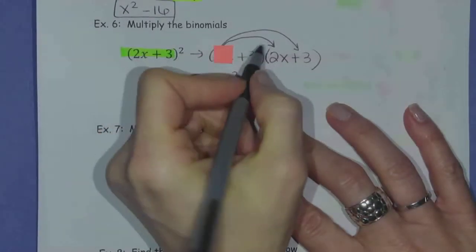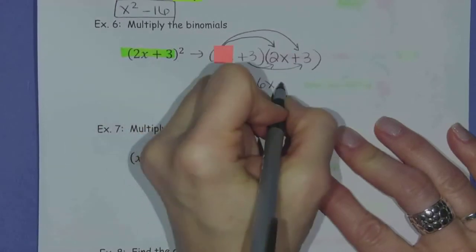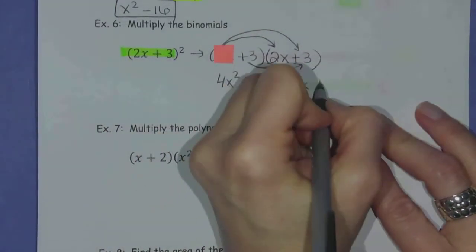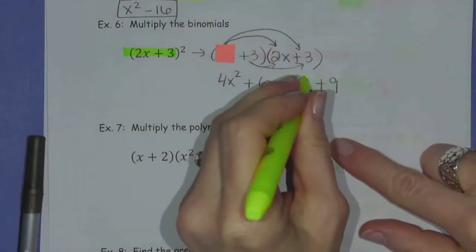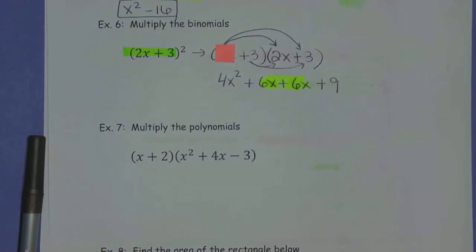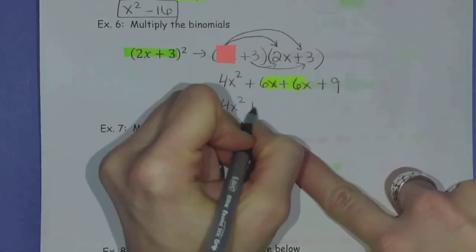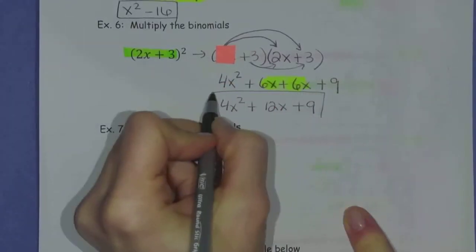We've got a positive 3 now that we're distributing. So 3 times 2x is also 6x. And 3 times 3 is positive 9. Get those like terms going in the center. And final answer will be 4x squared plus 12x plus 9. Trinomial.